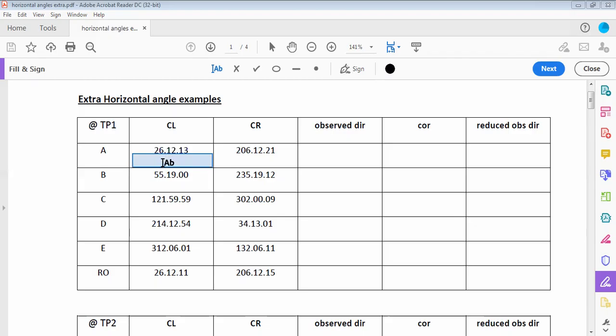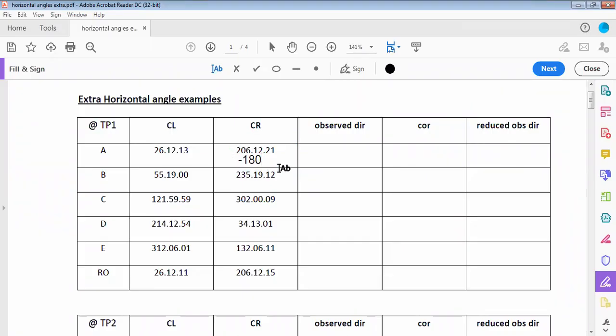If circle left is smaller than circle right, then you need to minus 180 degrees.